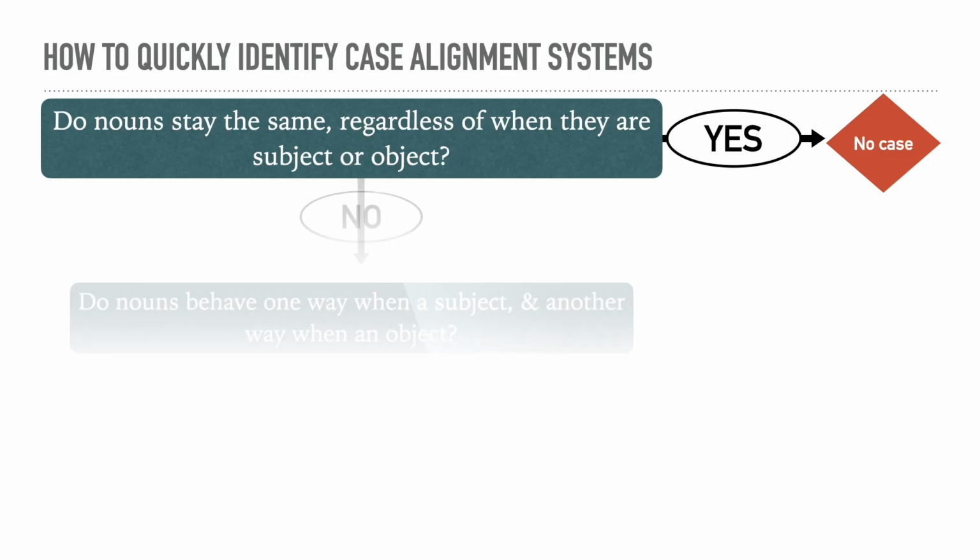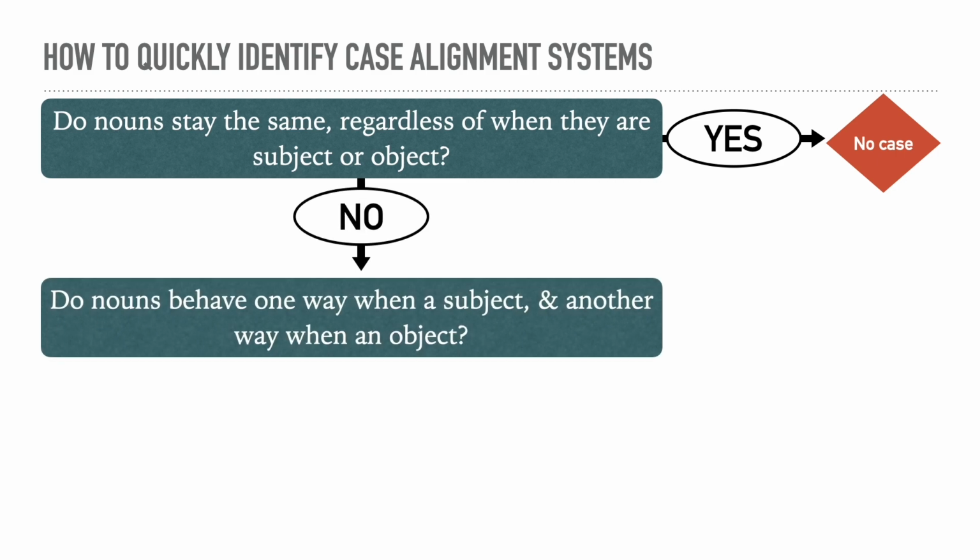If the answer is no to that question, we can see that the nouns are changing depending on where they fit in the story. We can ask the next question. Do nouns behave one way when they're a subject and another way when they're an object? If the answer is yes, and there's a consistency there, we can say we have a nominative accusative.